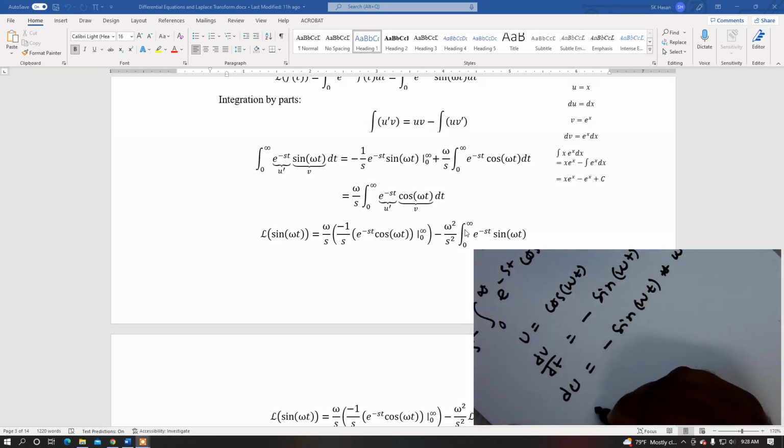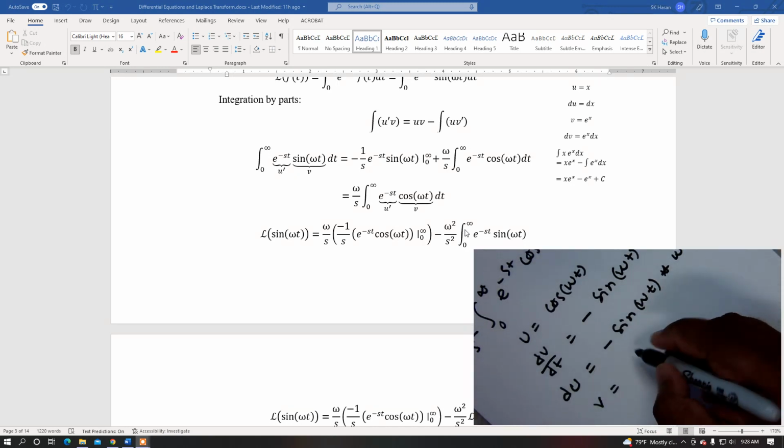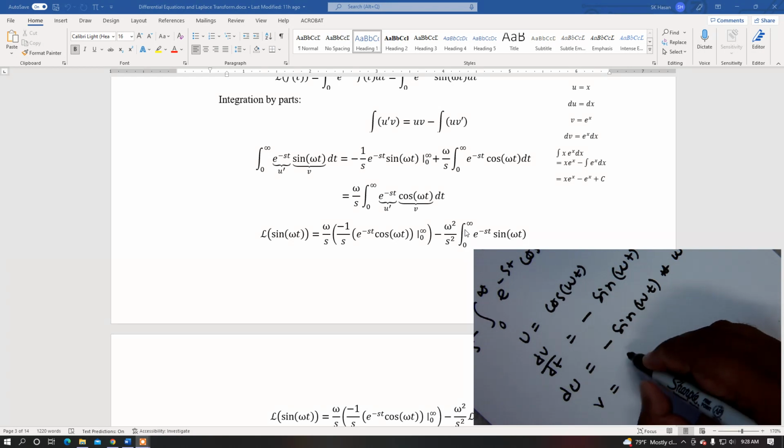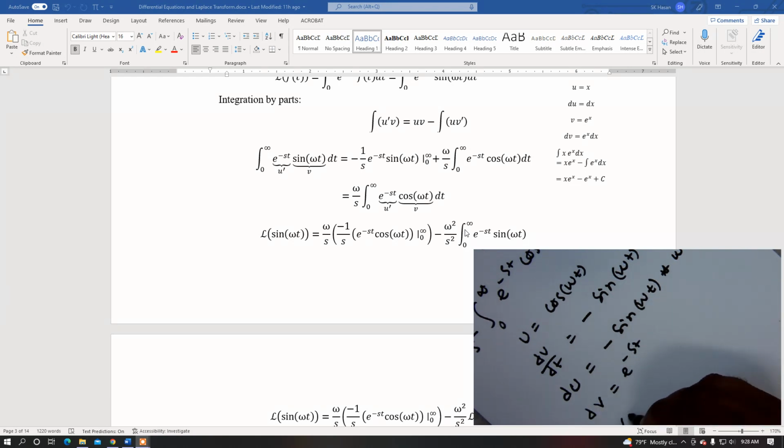And dv equals e to the power minus st dt, so v equals minus e to the power minus st over s.